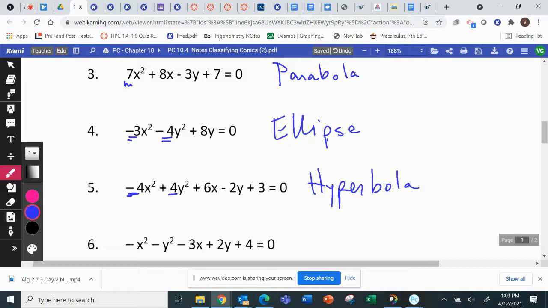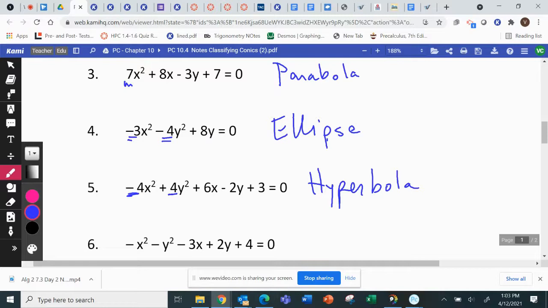It could be the same with the exception that one of them would be plus and one minus. So our equation would be a subtraction equation. And circles are addition.